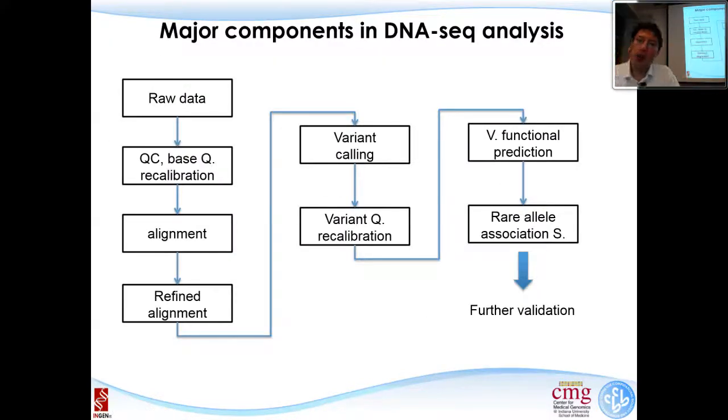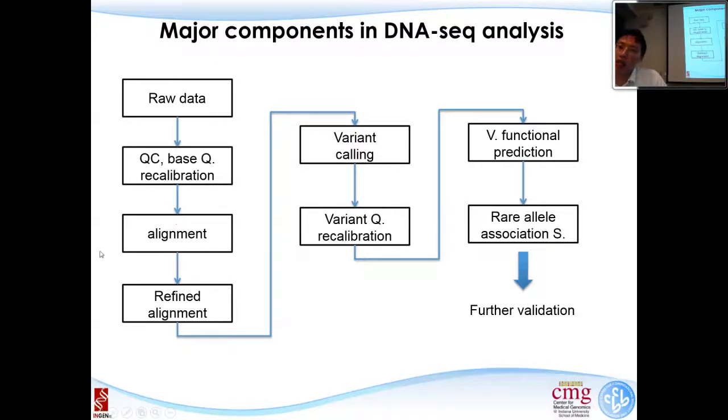Okay, so these slides, although very simple, summarize the major components that we need to think through when we do DNA sequencing analysis. This starts from the raw data, and then we need to do the quality assessment and see whether the variants are good or bad. There is a part, a couple of lectures ago, where we talked about base quality recalibration.